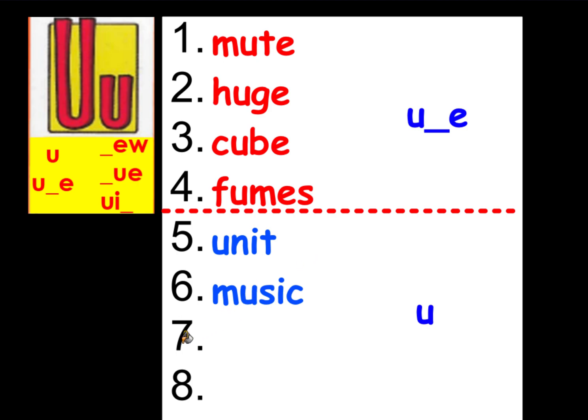Number 7, human. You, grade 1, are human. So is your teacher and your family, even your brothers and sisters. Human. Well, that's not what it's supposed to do. There we go.